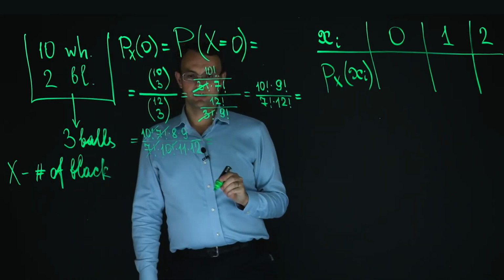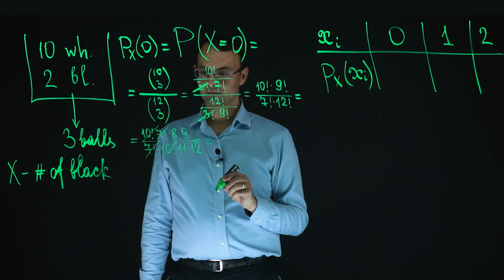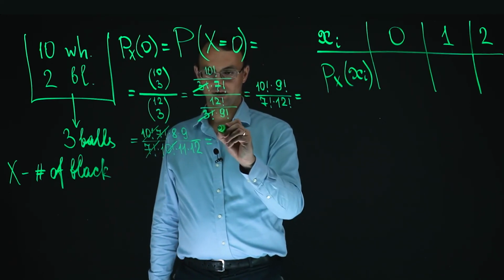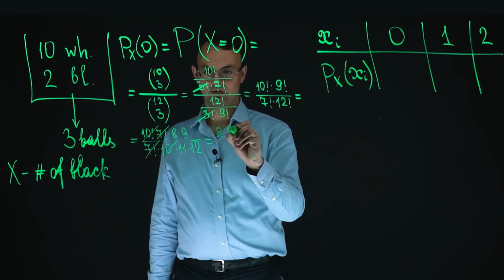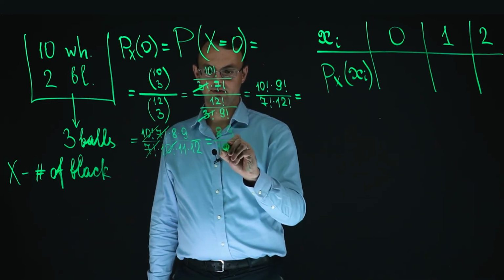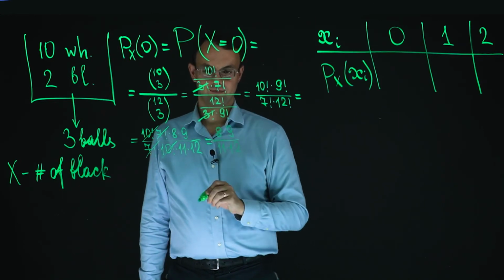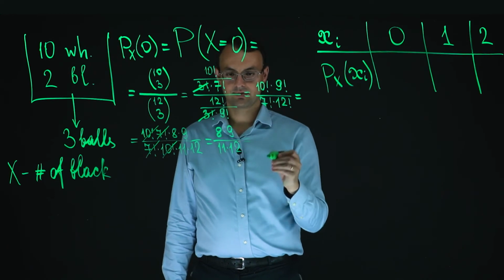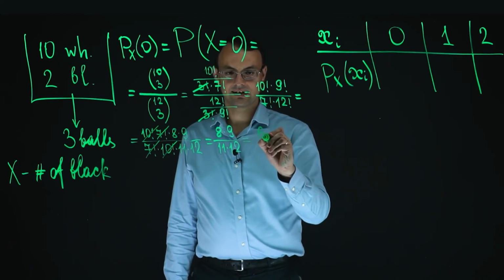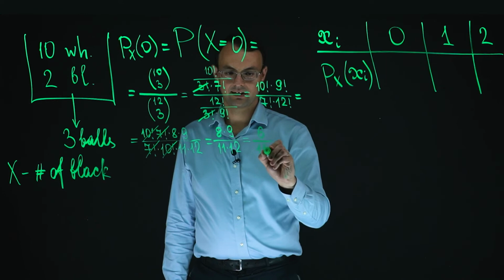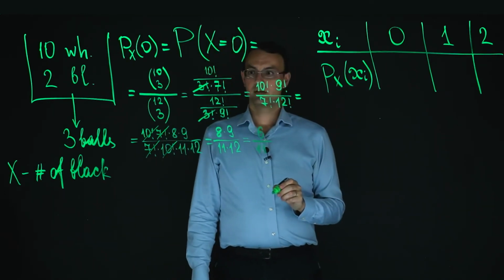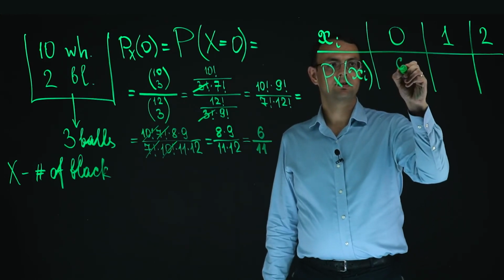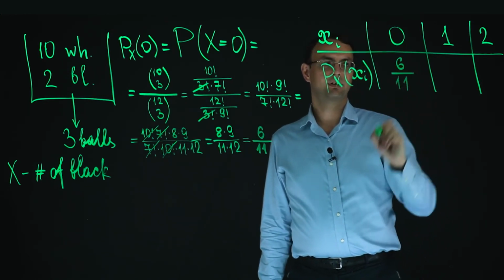And so what is left? 8 times 9 over 11 times 12. Or, if we simplify this fraction, it will be 6 over 11. So I have got the first probability, 6 over 11.